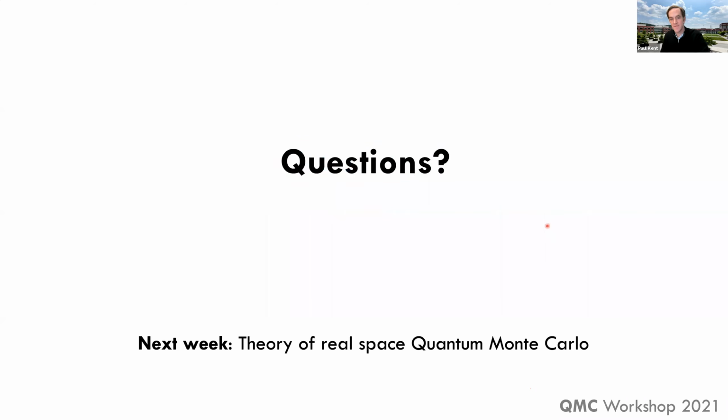So this has been a fairly straightforward presentation. I don't know if there will be any additional questions that haven't been covered so far. While I'm waiting for people to type, thanks everyone for joining, and I look forward to seeing everyone next week when we go through the full theory of real space quantum Monte Carlo.